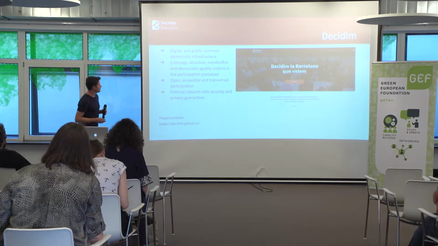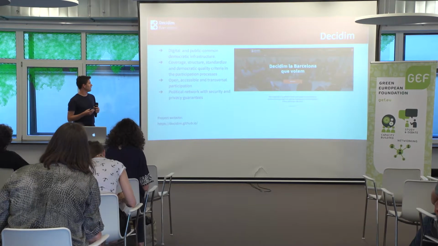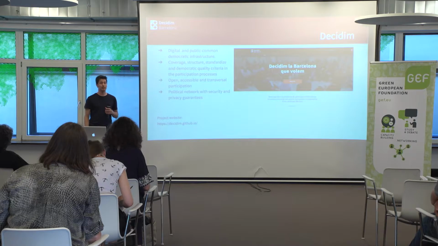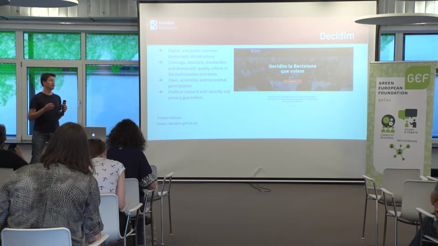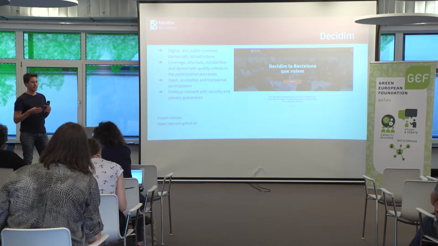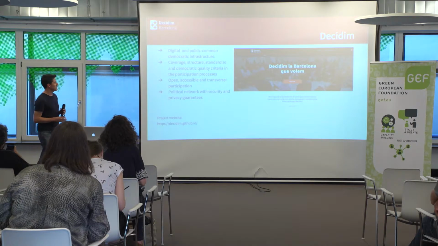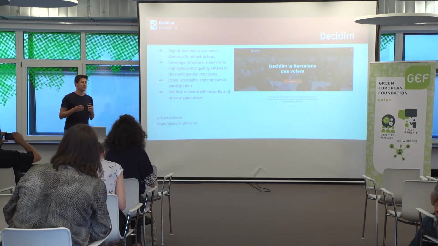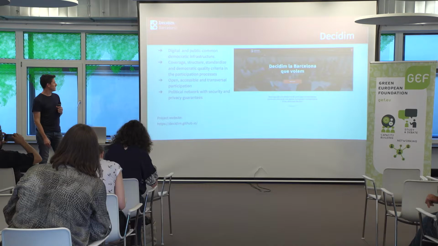The CDIM tries to structure, standardize and give quality to the participatory process. The participatory process is today probably the most important participation unit, but we are designing other participatory units such as citizen initiatives or citizen councils or other things that we have in our roadmap that we can explain later.